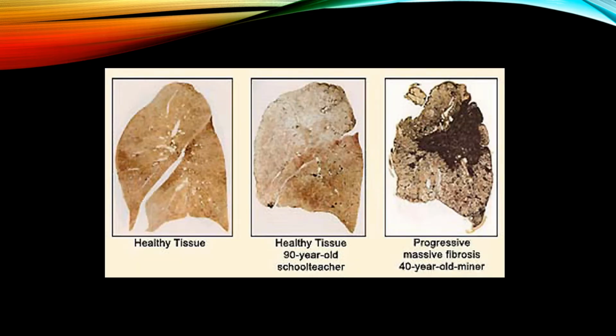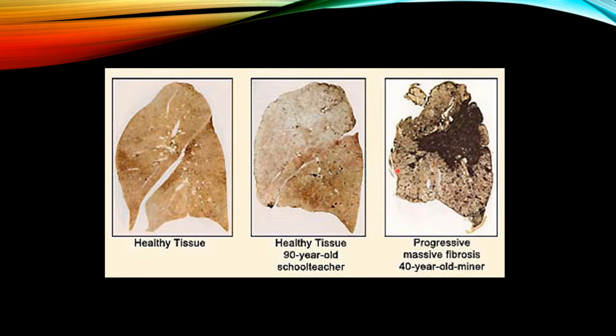Okay, this here shows the different conditions of lungs in different people. You have a healthy lung of a 90-year-old school teacher, whereas on the right here is the lungs of a 40-year-old, so around my age, that has progressive massive fibrosis.